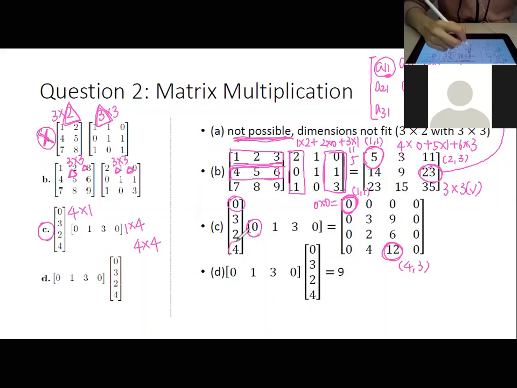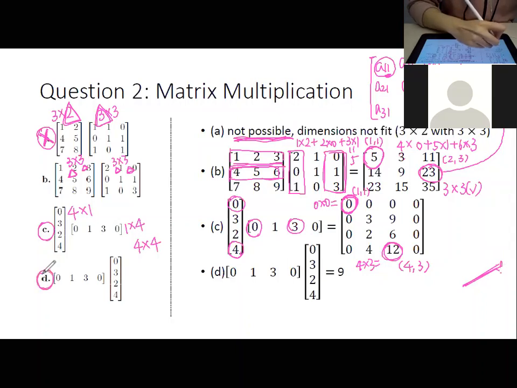So we find the fourth row and the third column, and it is calculated by 4 times 3. So in this way, we can calculate each element in the final matrix. So that's the way we do the calculation of matrix multiplication.